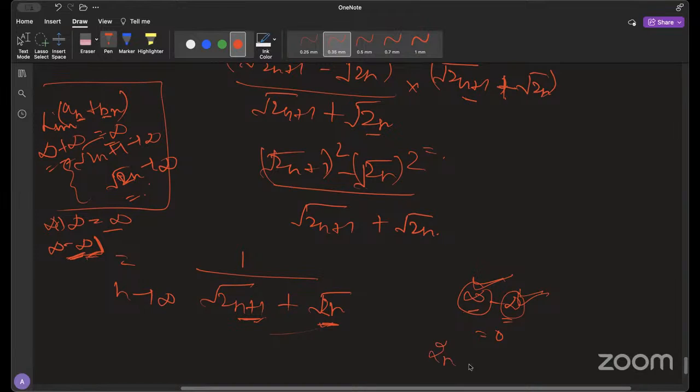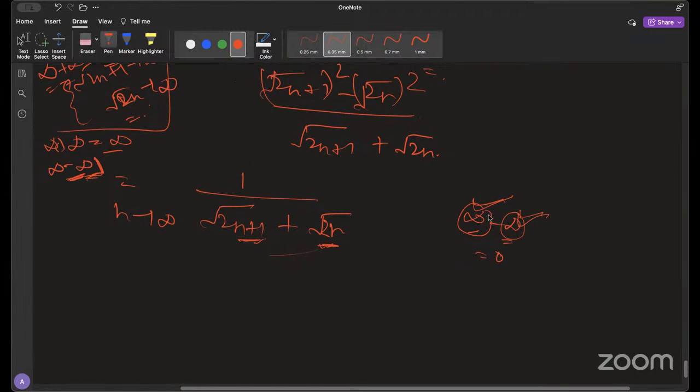For example, if you have 2n and n, you won't get zero. I hope I'm not confusing you. These two numbers are not equal. This is some very huge thing, and this is some very huge thing, so we don't know what we'll get if we subtract. This is definitely not zero. That's why this is a troubling form. And infinity plus infinity is fine. It's still infinity. This is not a troubling form.